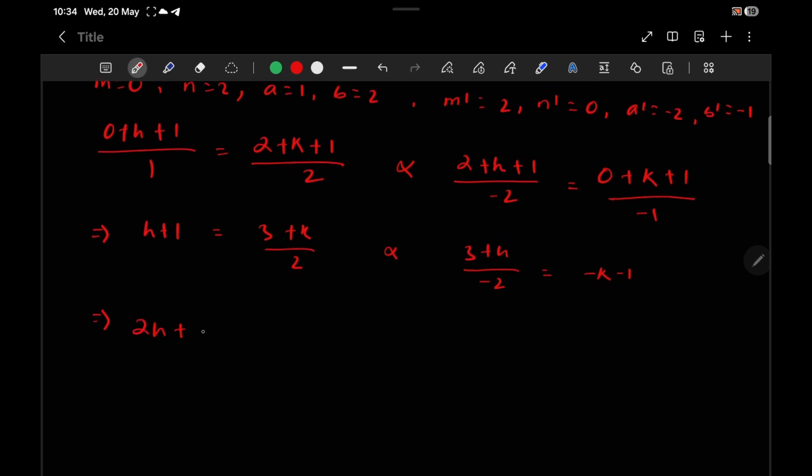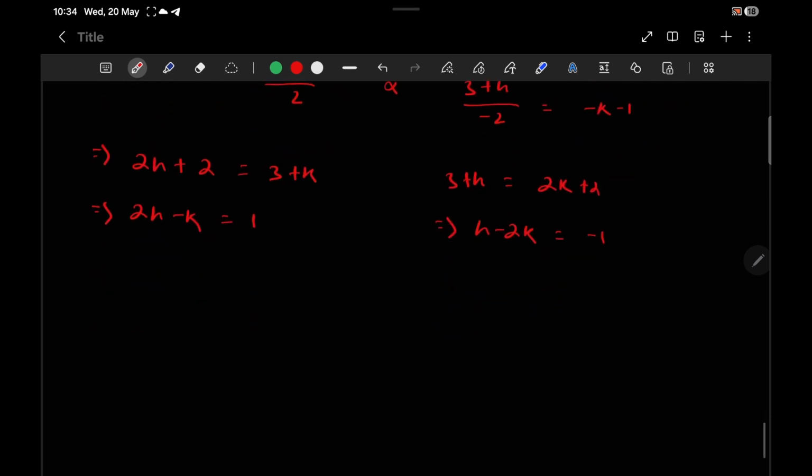So 2h plus 2 is equal to 3 plus k, that is 2h minus k is equal to 1, and 3 plus h is equal to 2k plus 2, that is h minus 2k is equal to minus 1.